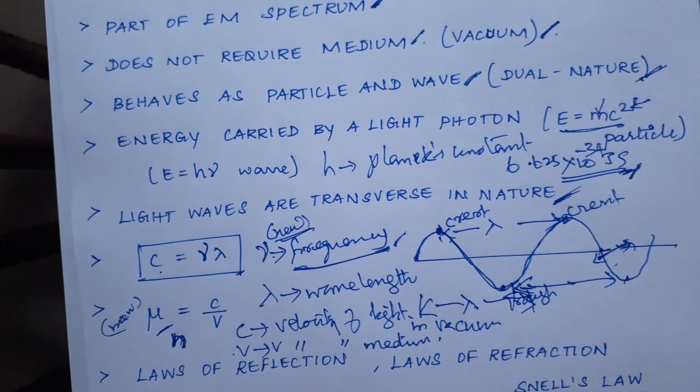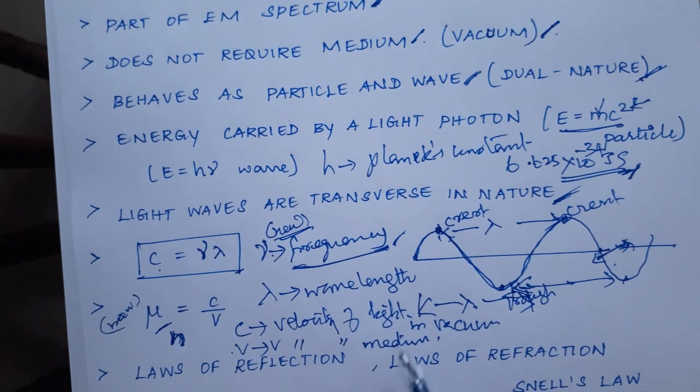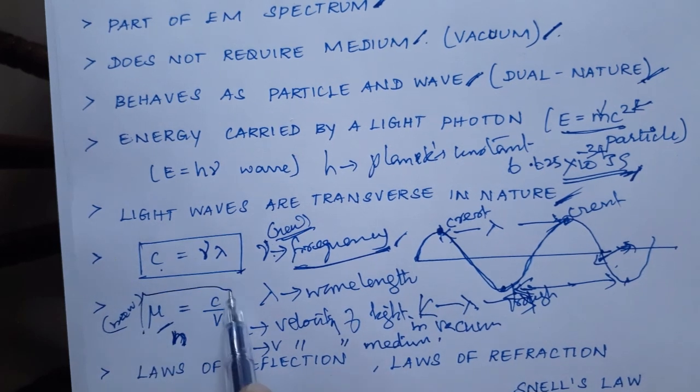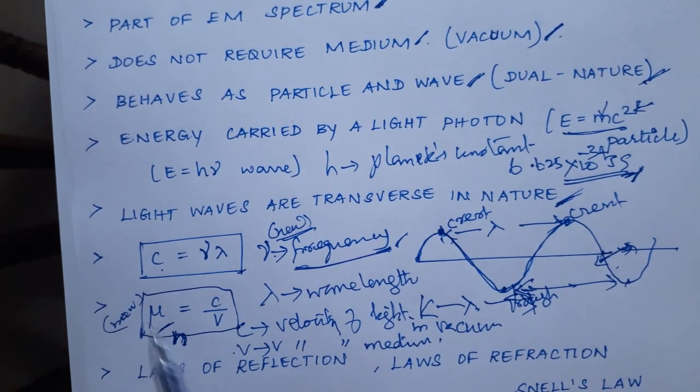So you can define refractive index as the ratio between velocity of light in vacuum and velocity of light in the medium. That is one of the definitions for refractive index.